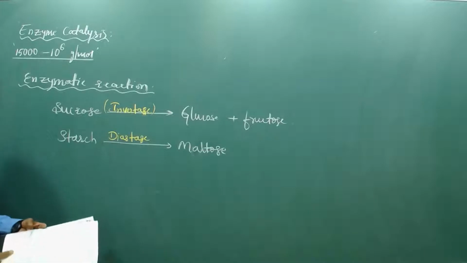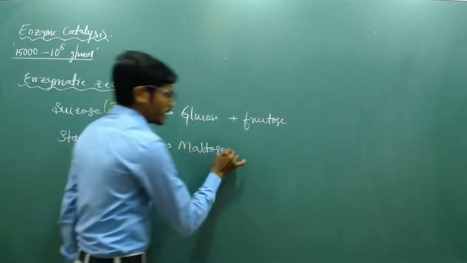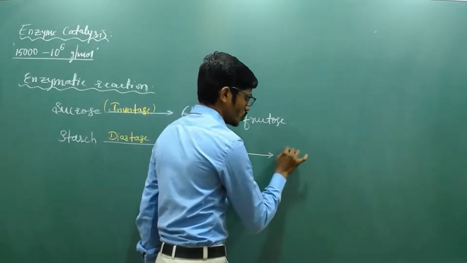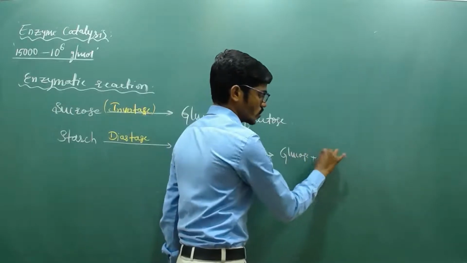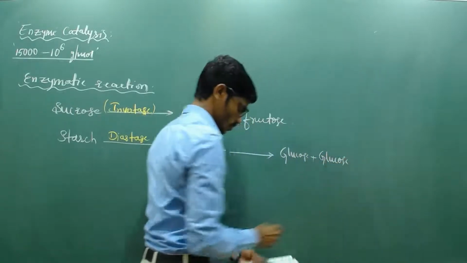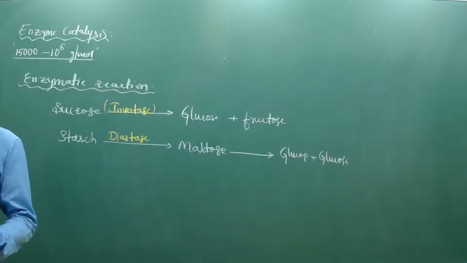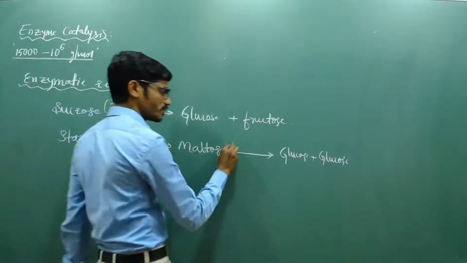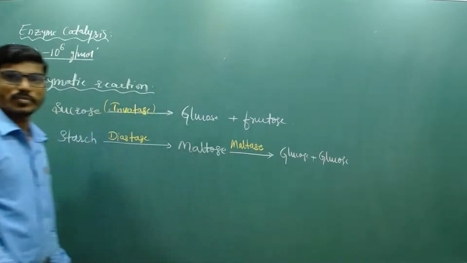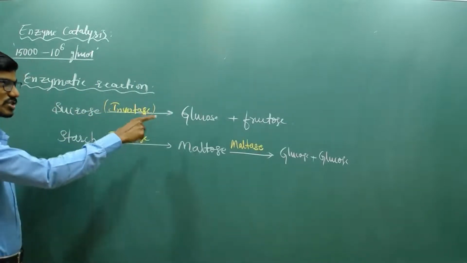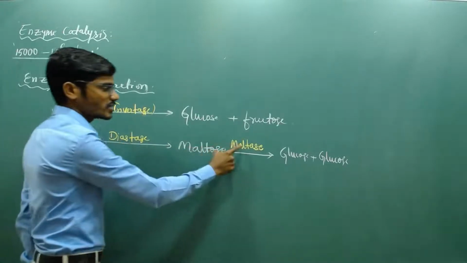The third one is maltose, which can be further converted into two molecules of glucose, glucose plus glucose, by the enzyme maltase.